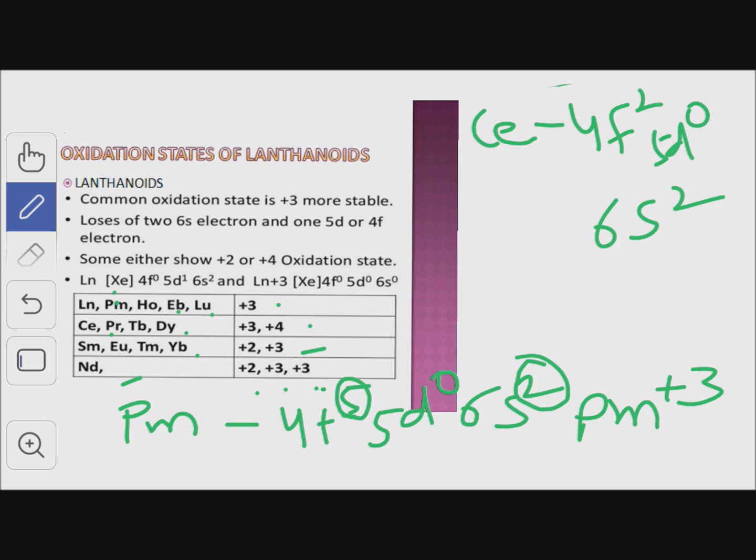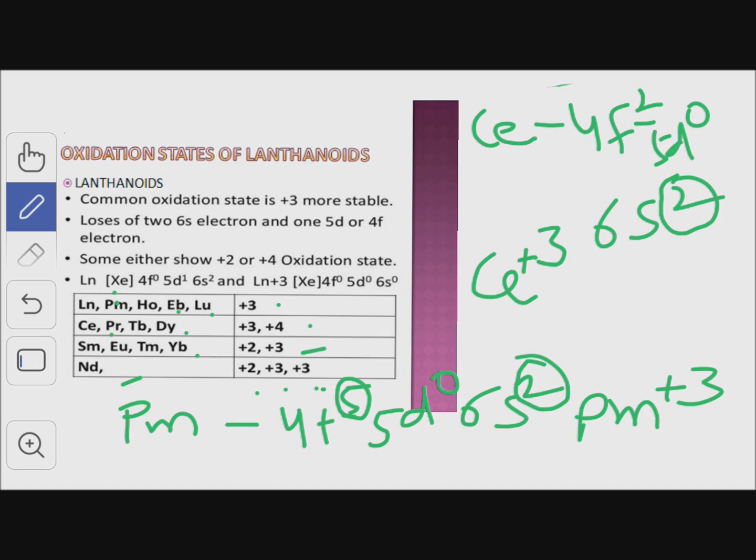By losing its 2 electrons from 6s and 1 electron from the 4f orbital, it acquires +3 oxidation state.